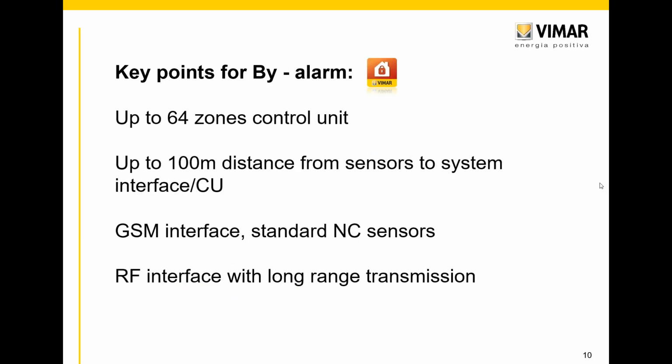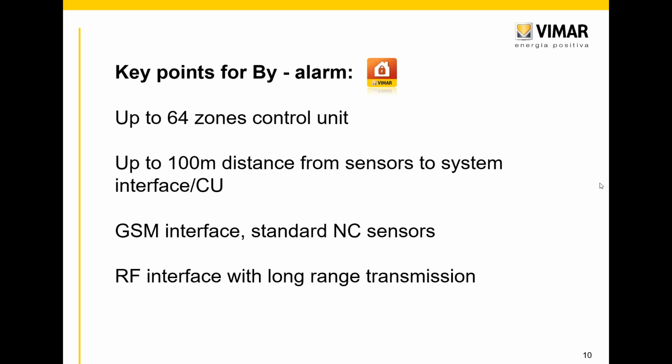Moving to BuyAlarm, we offer a security system that is capable of up to 64 zones, so the right size for residential applications, with 100-meter distances from sensors to the system interface or control unit.